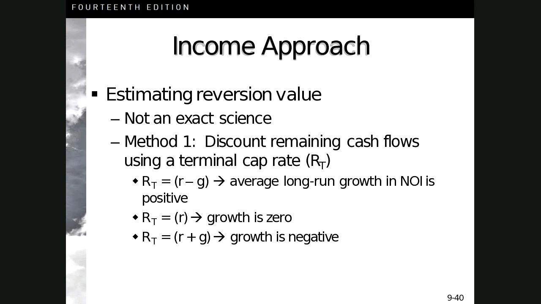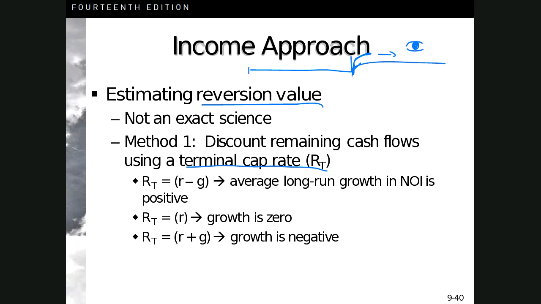Okay, so how are you going to calculate the reversion value? Method number one, you discount remaining cash flow using a terminal cap rate. So same story, because now if you're looking at the selling point, at the reversion time, looking into the future, then it will again become an infinite stream of income.